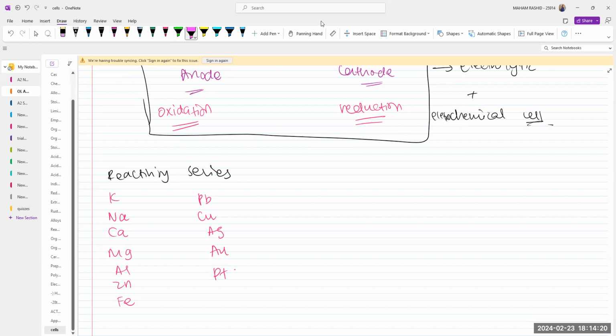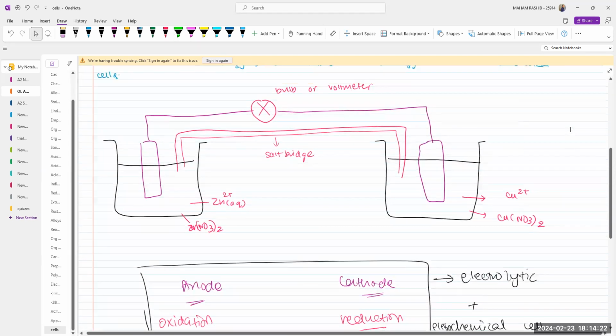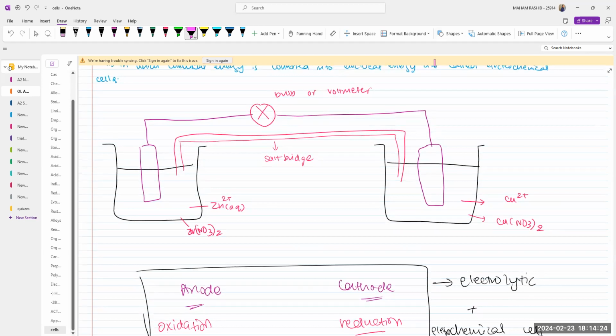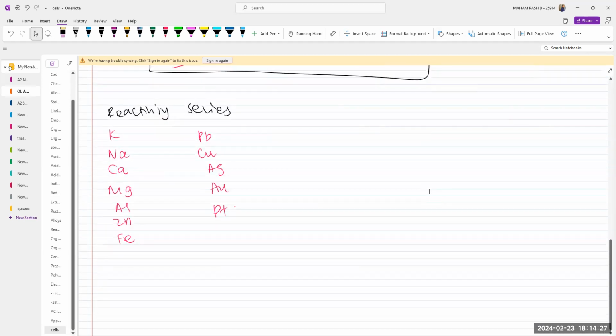The elements that we have here are zinc and copper. Let's see where zinc and copper are. Zinc is here and copper is here. So zinc comes above copper. Zinc is more reactive than copper.